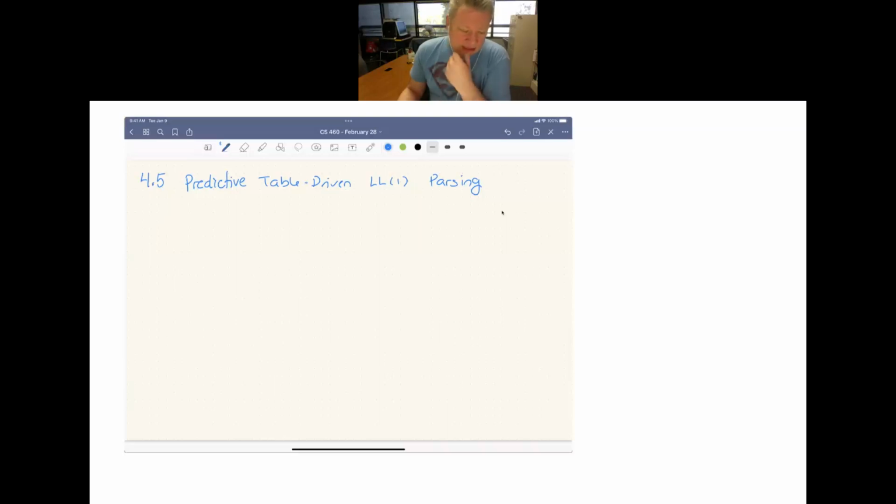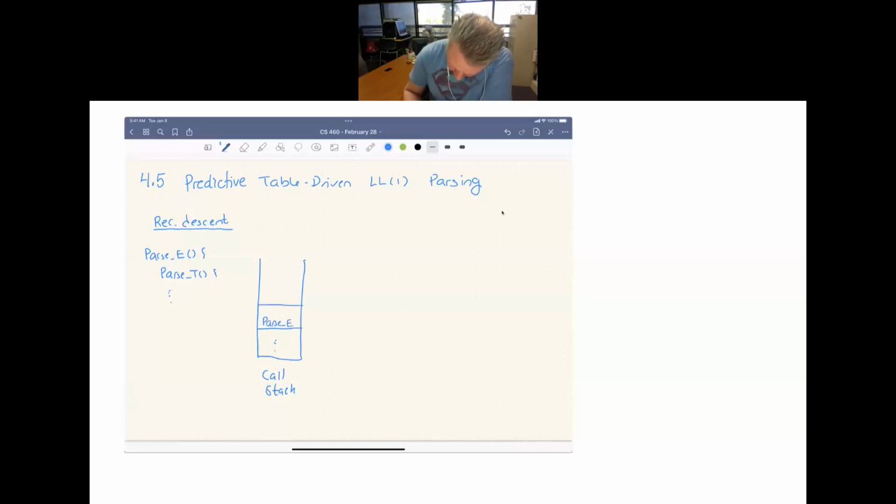But we could mimic that stack by hand. For example, if we have a recursive descent parser, that might have something like parse E, which says parse T, etc. Then we will have our call stack, and we will have parse E, parse T, and then whatever comes after that.